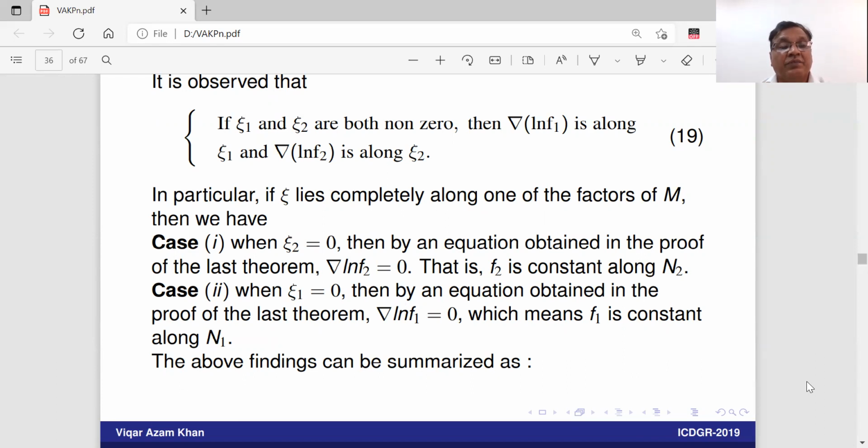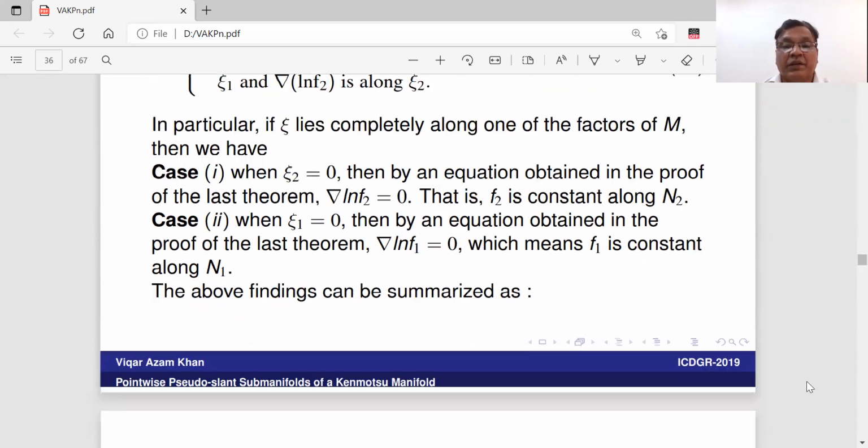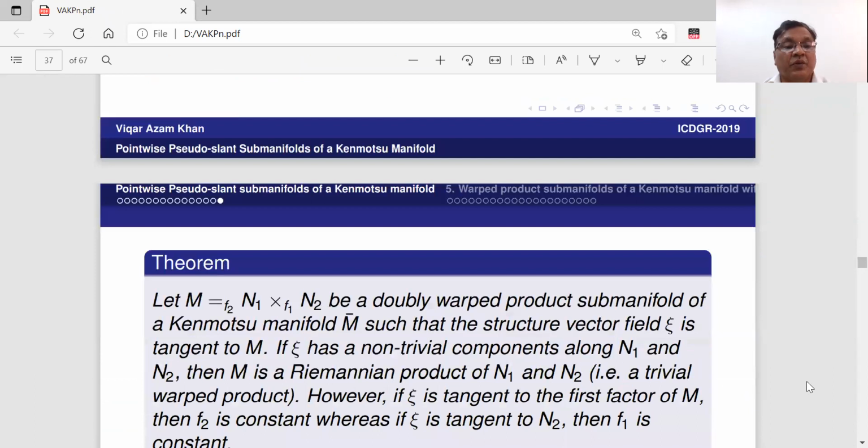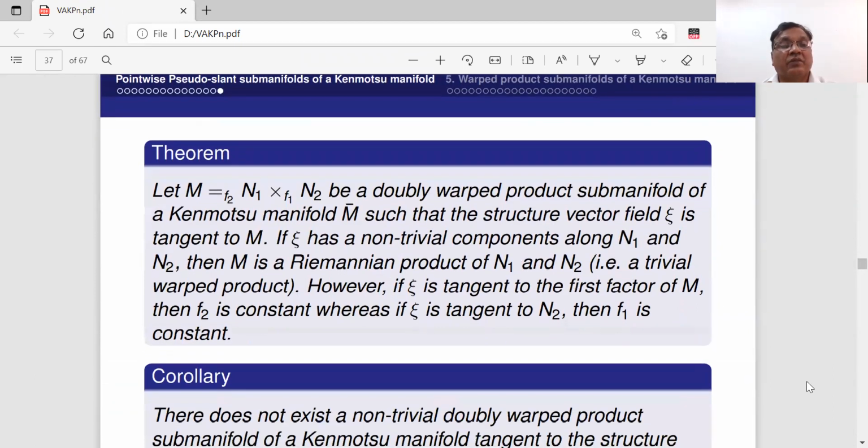And now all these findings can be summarized into a theorem over here. So this is a theorem which summarizes the previous results. It says that if M is a doubly warped submanifold of a Kenmotsu manifold M bar, such that the structure vector field xi is tangent to M, and if xi has non-trivial components along N1 and N2, then M is simply a Riemannian product of N1 and N2, and that is a trivial warped product.